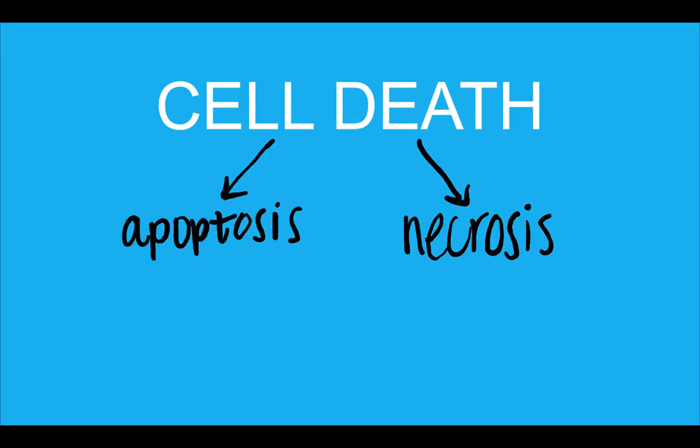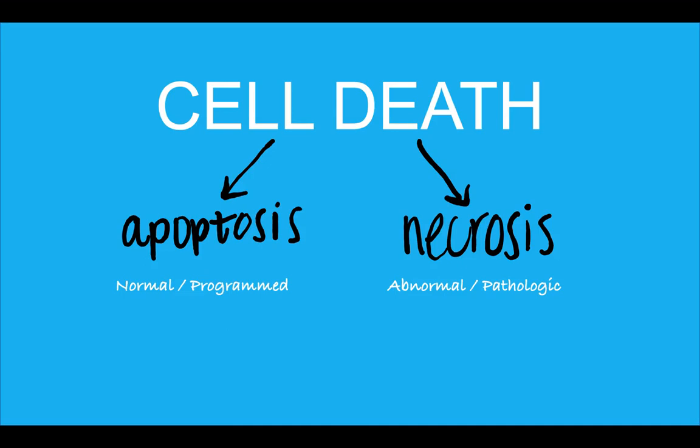So to compare the 2 types of cell death, we had apoptosis, which is that regulated cell death or programmed cell death, and then we have necrosis, which is the unregulated cell death. So apoptosis is classically called a normal or programmed cell death, versus necrosis is abnormal or pathologic.